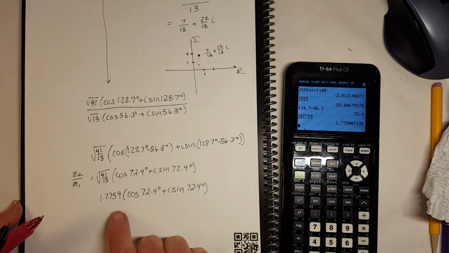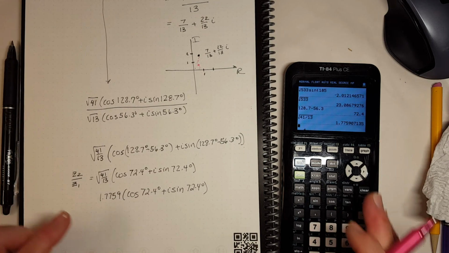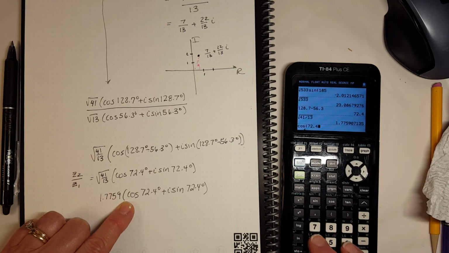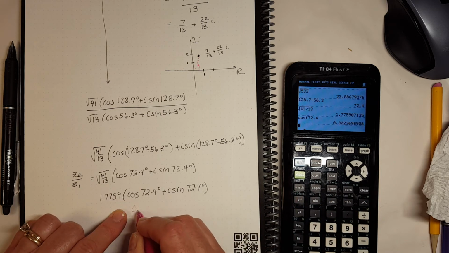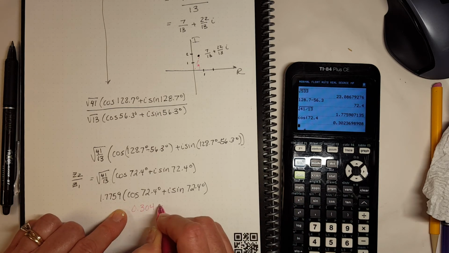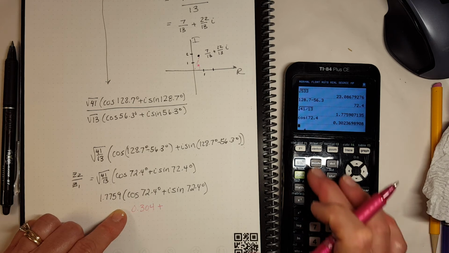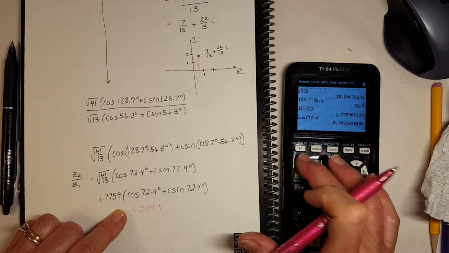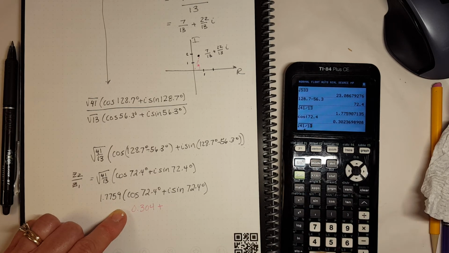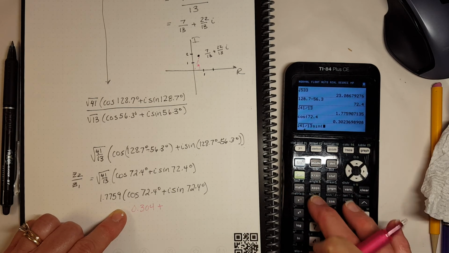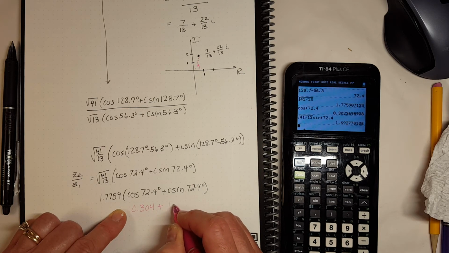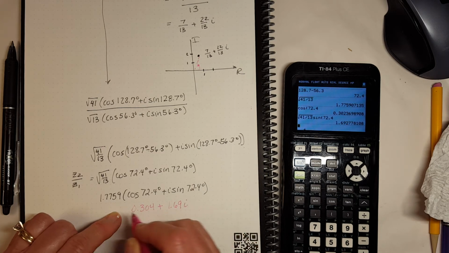So now let's take a look, and we'll just distribute this 1.7759 in. So we'll multiply that number by the cosine of 72.4, and we get 0.302. So this is 0.302 plus, we'll multiply the square root of 41 divided by 13 by the sine of 72.4, and we get plus 1.69 times i.